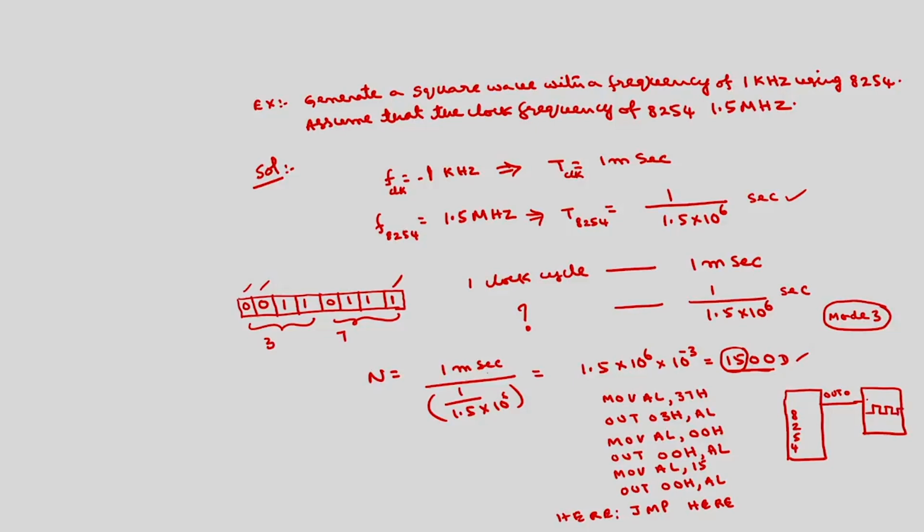This you have to connect to the positive terminal, and the negative terminal of this has to be connected to the ground signal of the 8254. This is how you can generate a square wave with accurate time delays, accurate frequencies. This is about mode 3.